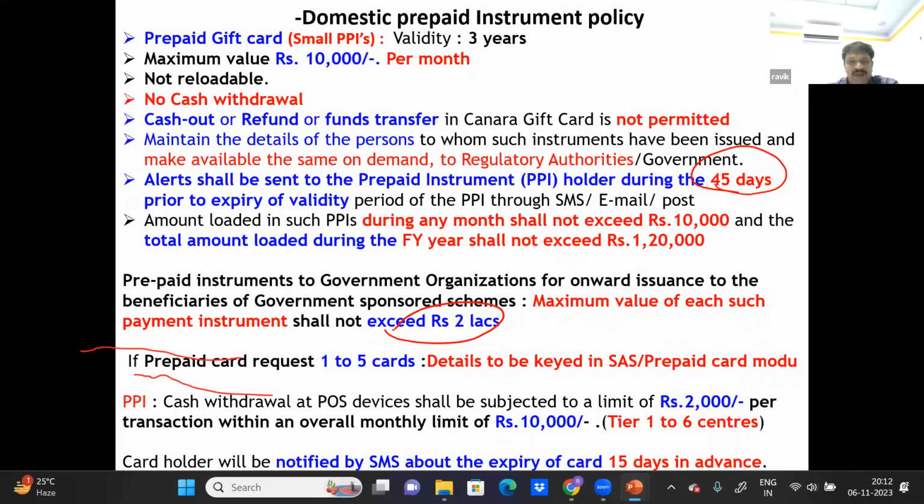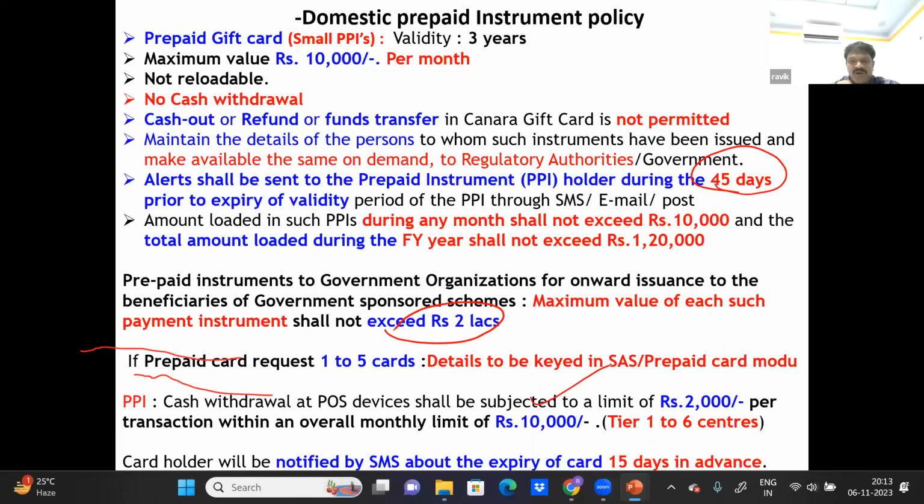Cash withdrawal is 2,000 per transaction, tier 1 to tier 6, all places the same. The overall monthly limit is 10,000 rupees. If anybody wants cash withdrawal through POS on a prepaid card, 2,000 per transaction and a monthly maximum of 10,000 only can be permitted. It is applicable to tier 1 to tier 6. Very important point to remember.